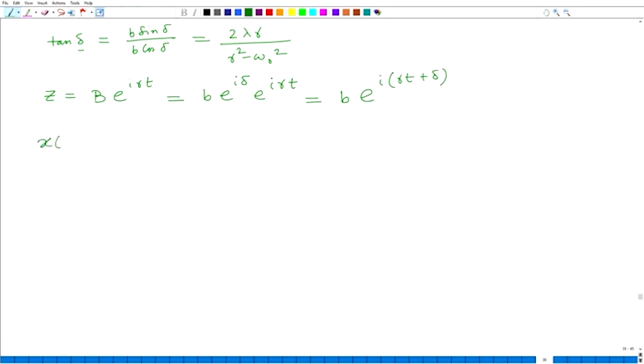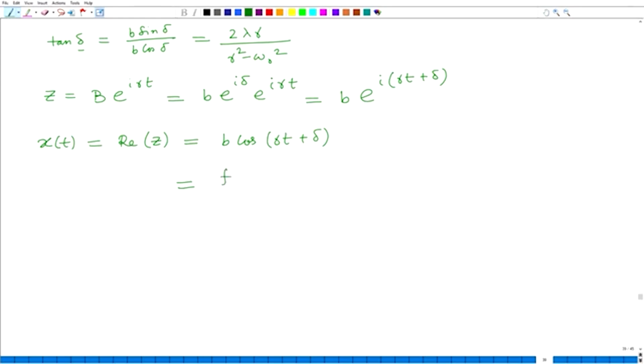Then x of t, the displacement, will be equal to the real part of z, and that will simply be equal to B cos of gamma t plus delta. And if you write this, then B you know and delta you also know, but delta you do not have to put now, but B you can put.